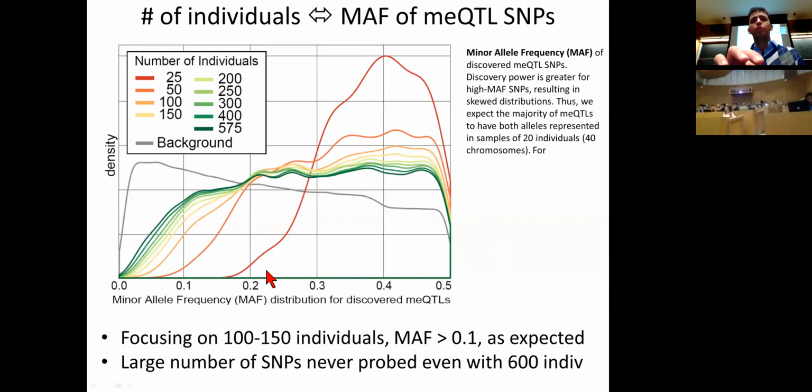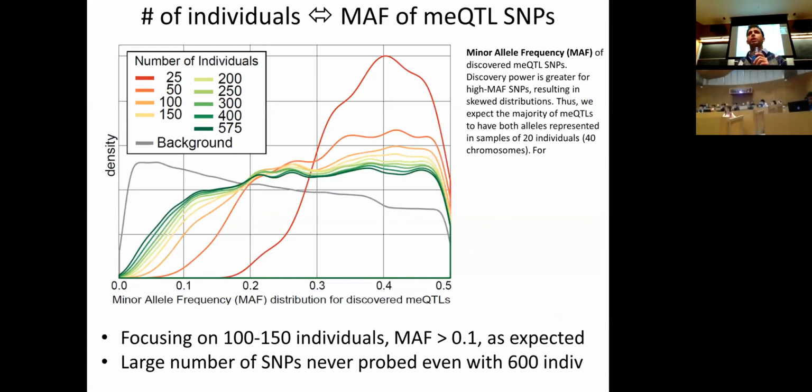So with only 25 people, the SNP distribution of the ones that are methyl QTLs is in fact very highly biased. And as I sample more and more individuals, I'm able to discover more and more of these low frequency SNPs. The true distribution of SNP frequency is the gray one, and you can see that I'm not even close to that. So I need to sample many, many more individuals to truly capture SNPs at lower frequencies.